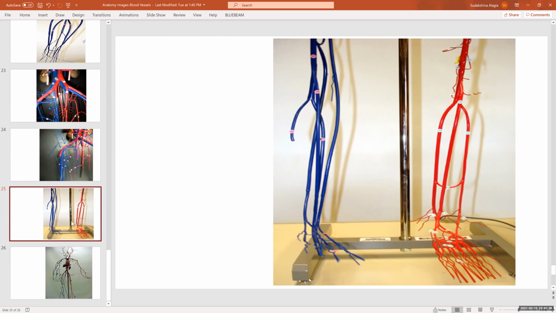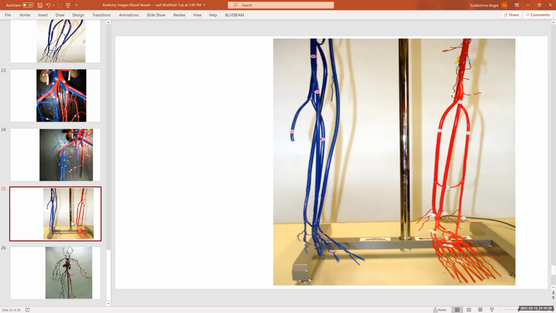So, okay, let's look at the Wehrmann model. Here on the left, you see the arteries. On the right, you see the veins. Once you learn it on the other model, where you have the reference of the bones, etc., you can pretty much name it on the Wehrmann model.